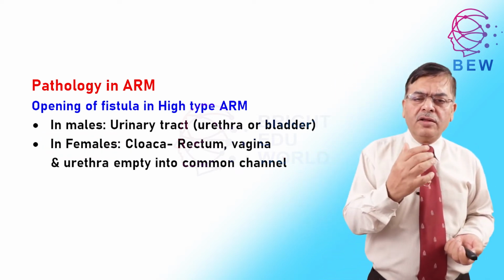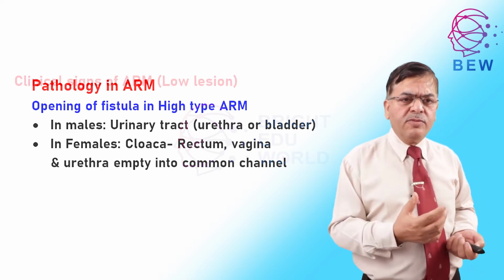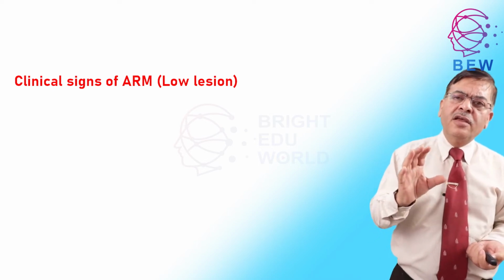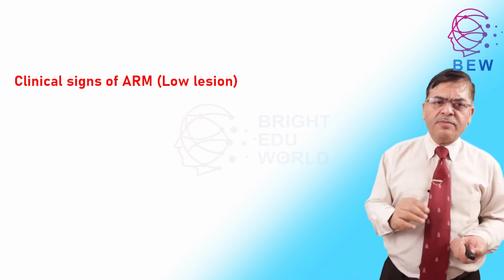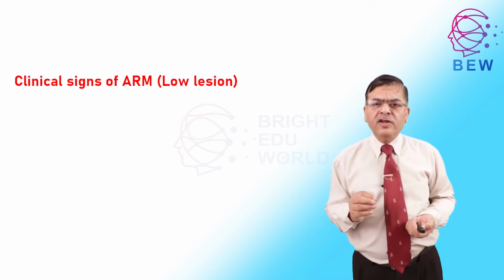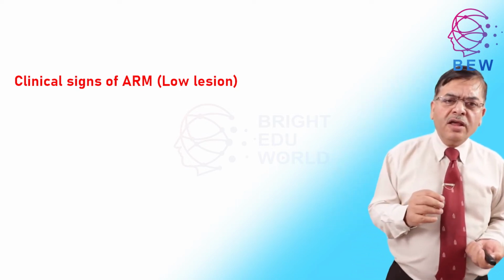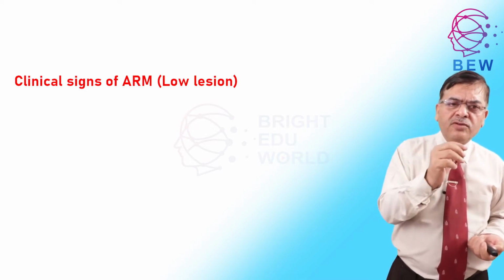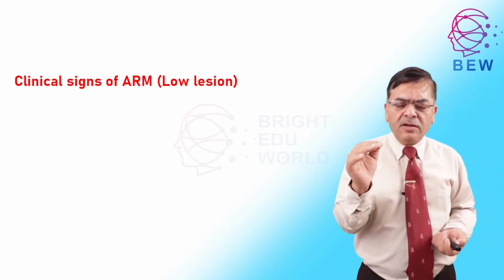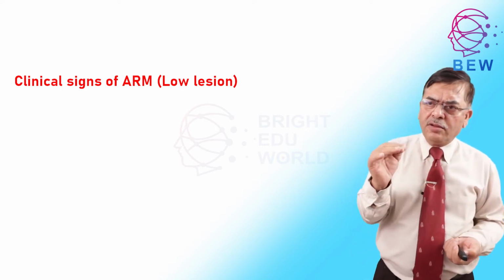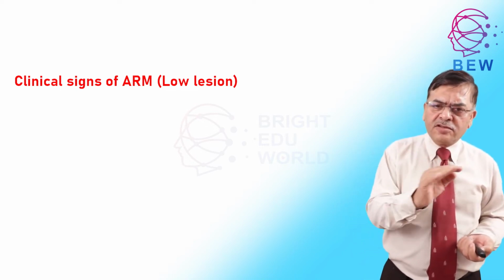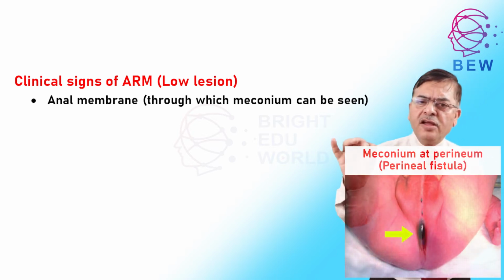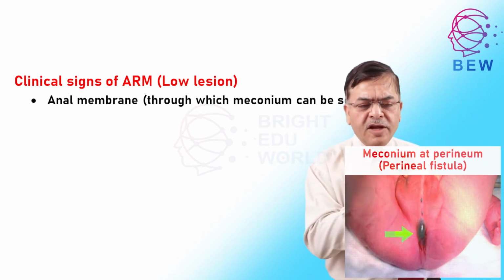How do we get a clue? We get some clues clinically on examination whether it is a low type or a high type. If you look at the perineum of the newborn child, the fistula may be opening somewhere, some part of it may be subcutaneous, just subepithelial, and may be seen as a black strip running in the perineum.